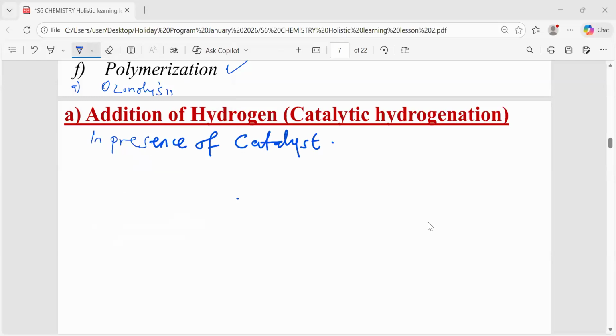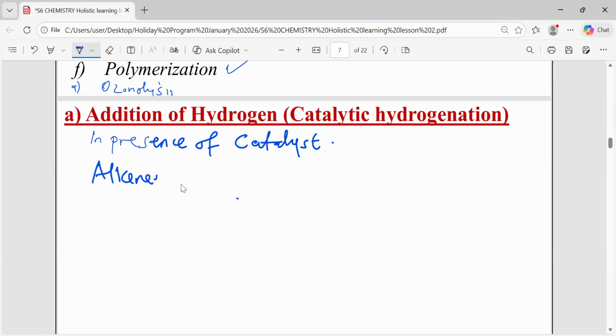Okay. Thank you. I think Joseph has managed to explain for us very well what hydrogenation of alkenes is. He has told us that in hydrogenation of alkenes, the alkenes are reacting with hydrogen in the presence of a catalyst.